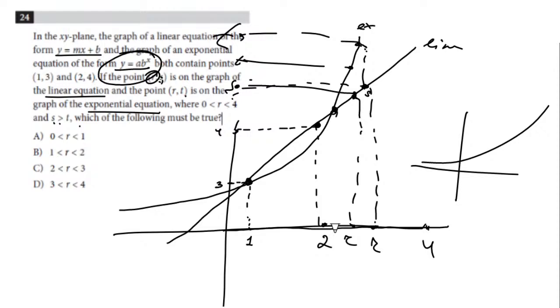So this will happen the same till we reach here. Actually, this point should be this one. At this point, our S and T are equal. They are both 4 because this is the point that crosses both the linear function and the exponential one.